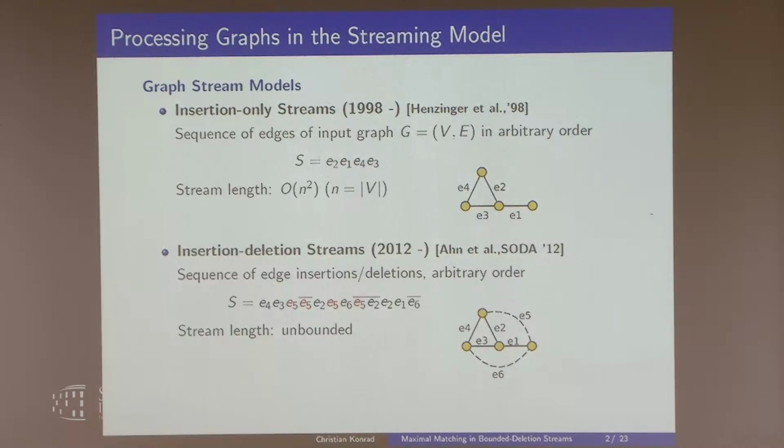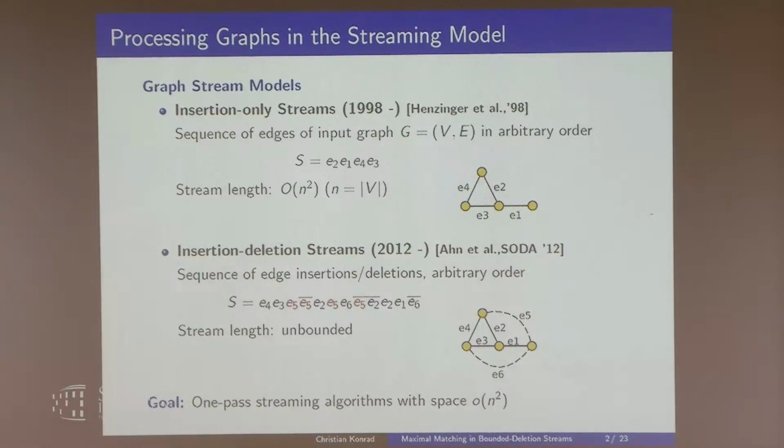So in the end, it doesn't even make it into the final graph. But we can have these insertions and deletions over and over again. What makes really a difference is that the stream length here can be unbounded, because we can play these games of inserting and deleting over and over again. So it's certainly a bit harder to deal with. Now, generally what we want is algorithms that use less space than the trivial n square.